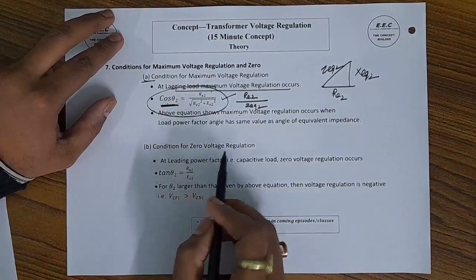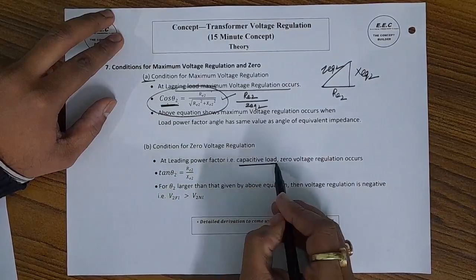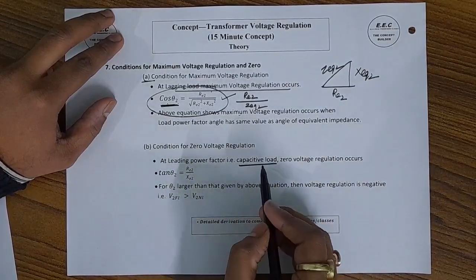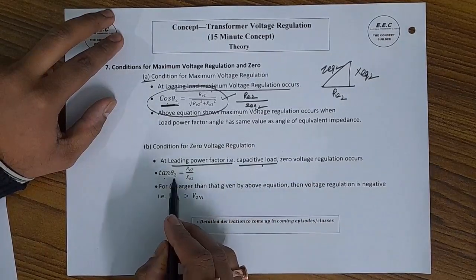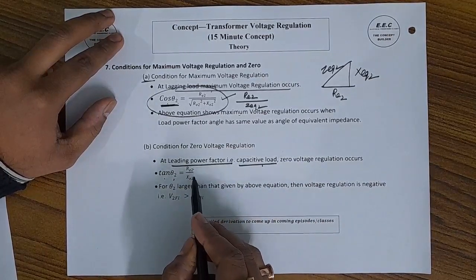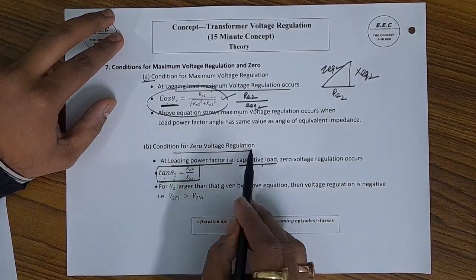Now the condition for zero voltage regulation. Zero voltage regulation occurs in case of capacitive load, that is, leading power factor load. When tan theta 2 becomes equal to Re2 divided by Xe2, this is the condition that we have to remember while talking about zero voltage regulation.